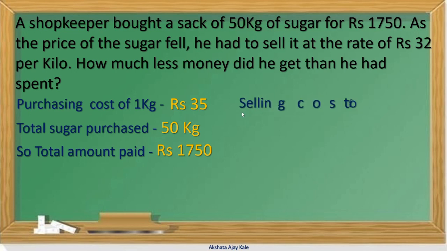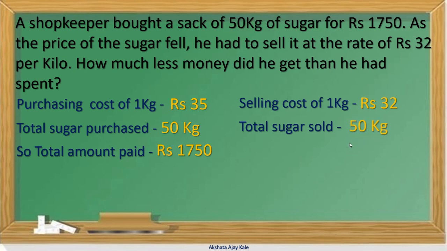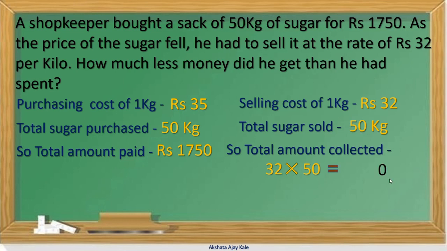Now see here, selling cost of 1 kg, because of the rate fell, he sold the sugar for rupees 32 per kilo. Isn't it? Now total sugar sold, that is 50 kg. Therefore total amount collected, that we have to find out. What we will do? We will multiply here, right? 50 multiplied by 32. Isn't it? 0 we will write first.